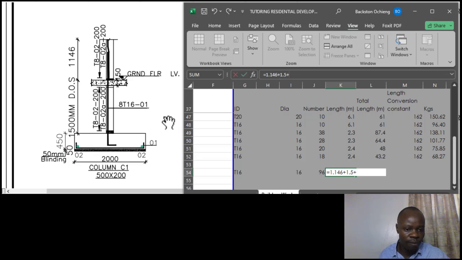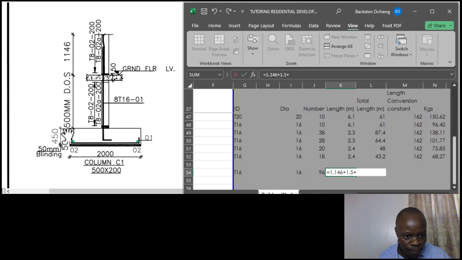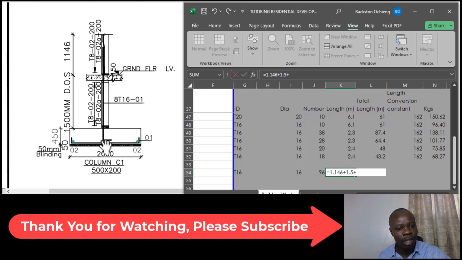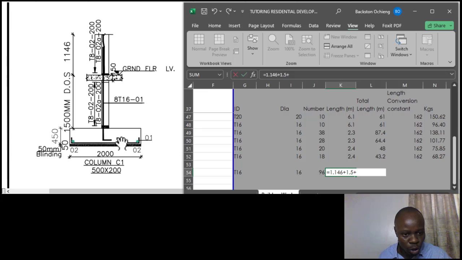So after the 1.5, we also allow some height for the foundation column base. For the foundation column base, you can see it's 450. Yes, and then there is a part of it that is bending at the bottom of that particular base.